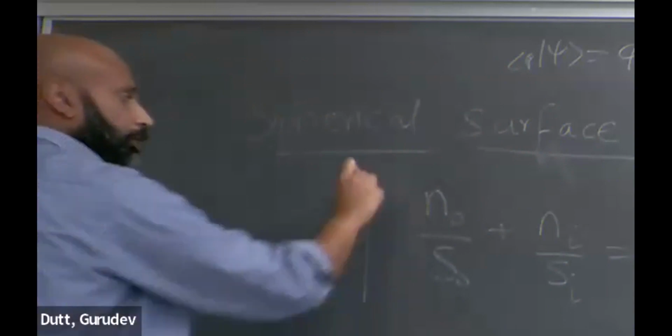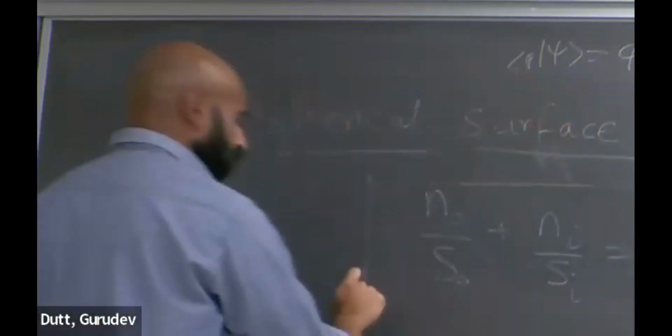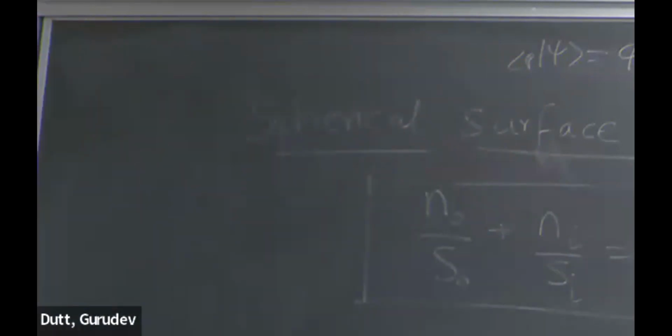This is also called the Gaussian approximation or paraxial approximation for the refraction at a spherical surface.